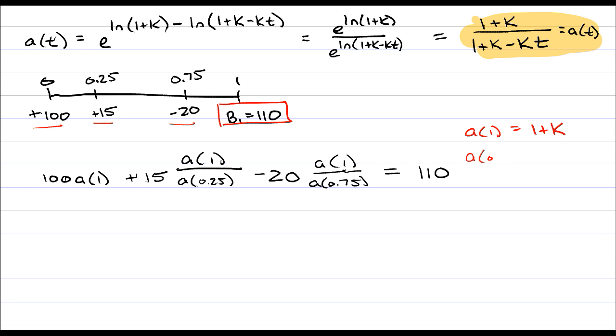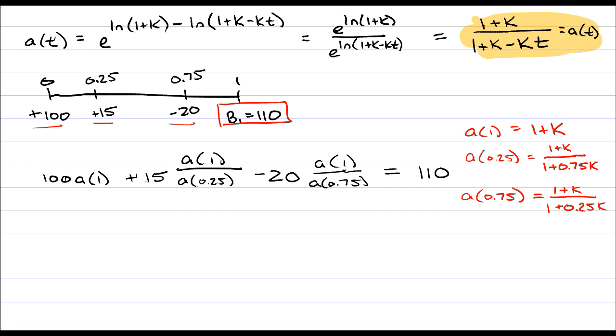A of 0.25 is 1 plus k divided by 1 plus 0.75k, and a of 0.75 is equal to 1 plus k divided by 1 plus 0.25k.